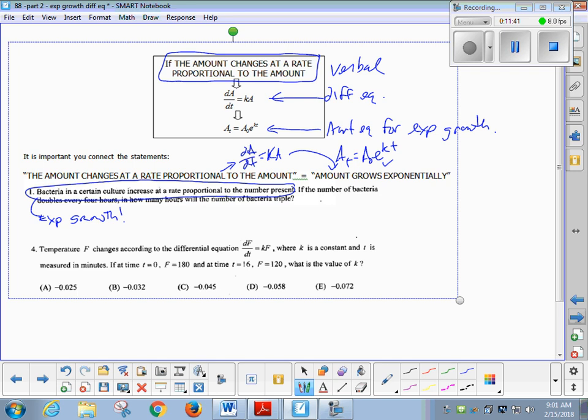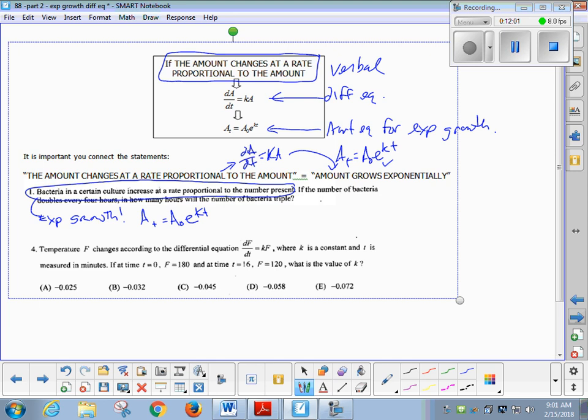And so I know this is what's being implied. And then you do your pre-calc exponential skill. The number that doubles every 4 hours, that's a case being given to you. It's not a very obvious case, but it's a case.